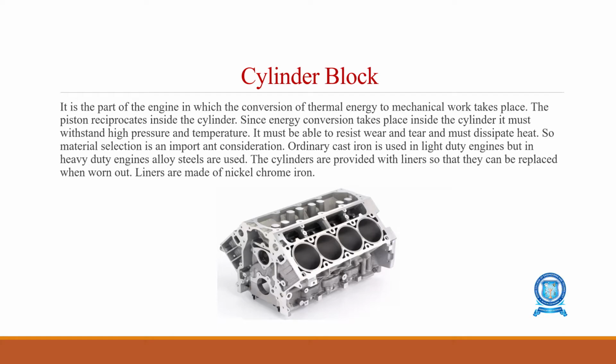But for very heavy duty vehicles, we use alloy steels. For example, we use different alloys, like mixing aluminum with steel. Like that we mix the materials and form alloy steels for withstanding very heavy duty.